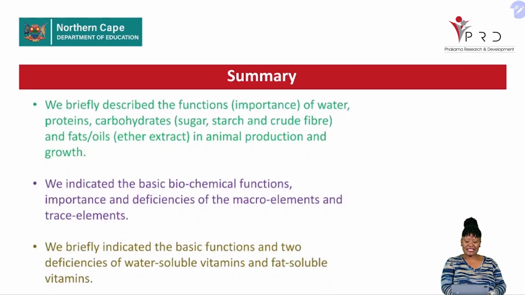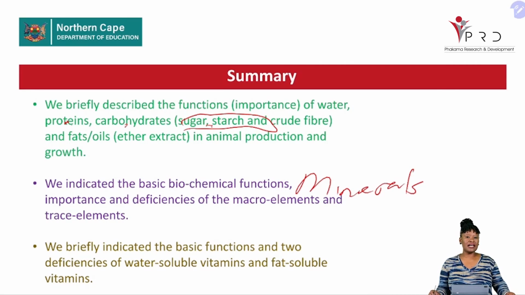And you must understand, when it comes to this, you can be asked the end products of proteins. You can be asked about the byproducts of carbohydrates, whereby we talk about the end products of proteins as amino acids. We talk about byproducts of carbohydrates as glucose. So always be alert when you study and when you check your other previous question papers. We also indicated the biochemical functions where we are looking at minerals.